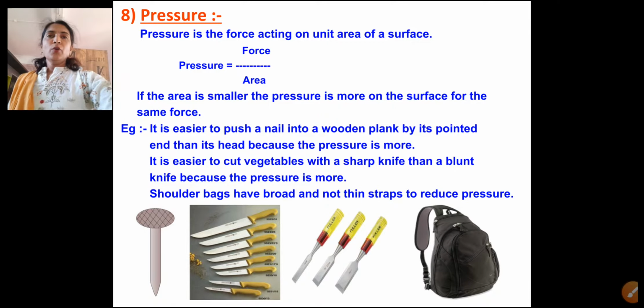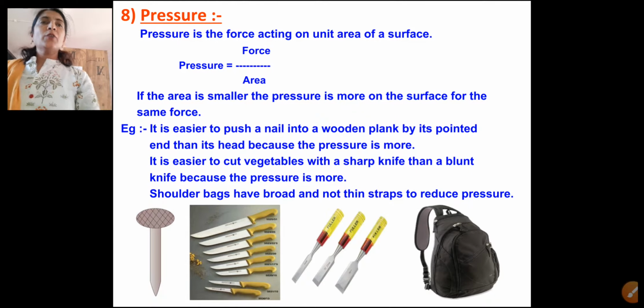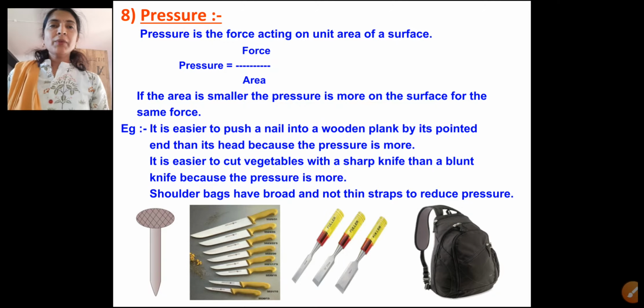So when you want to insert a nail in the wall, this pointed part of the nail helps us, and when we try to insert it into a wooden plank, it becomes very easy.